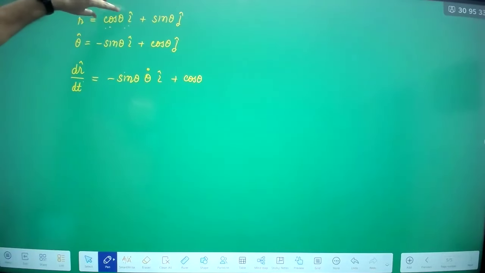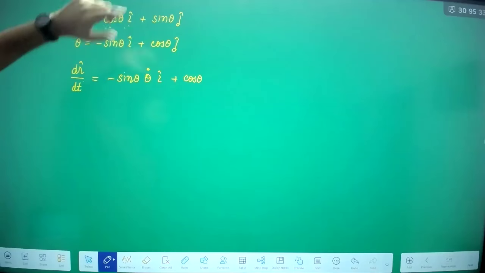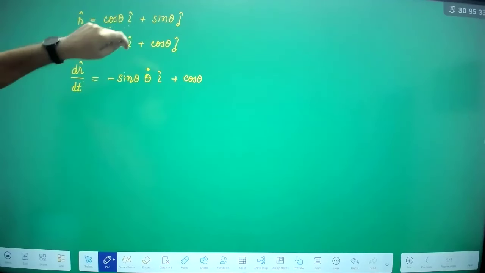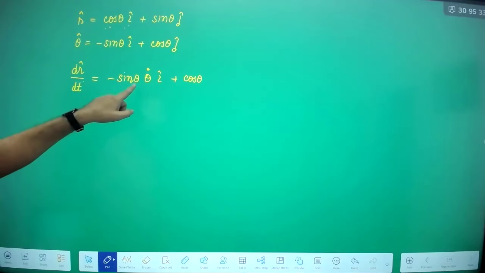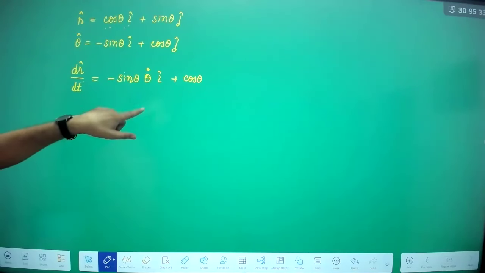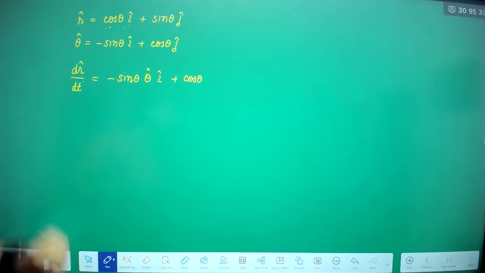You are differentiating this with respect to time. So you are differentiating this cos theta. Theta is not a constant. If the particle is moving, theta is going to change. So differentiation of cos theta will be minus sin theta and then d theta by dt. So theta dot will also be there.